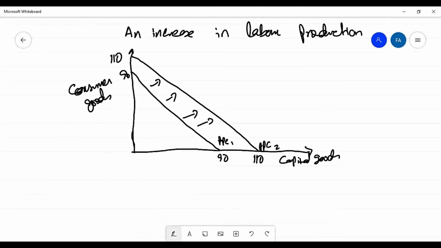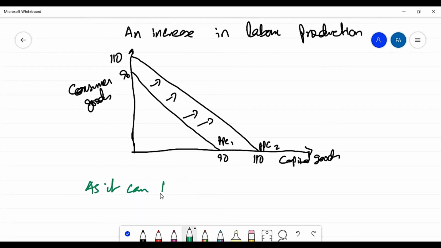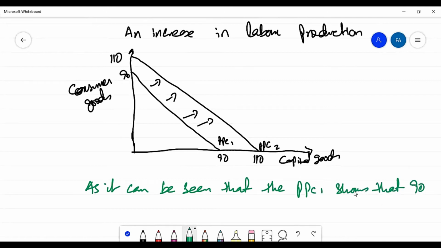So now I'll explain this because without explaining this, I will not get any mark for this. As it can be seen, the PPC 1 shows that 90 units of consumer and 90 units of capital can be produced.